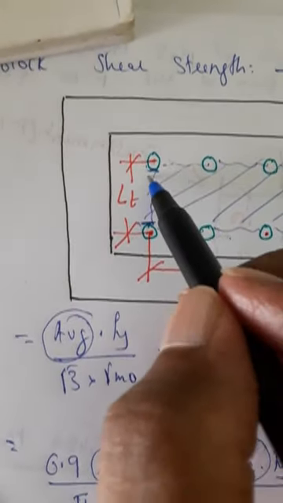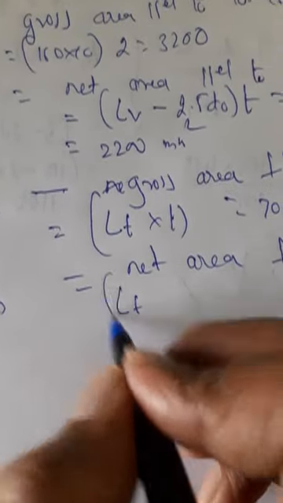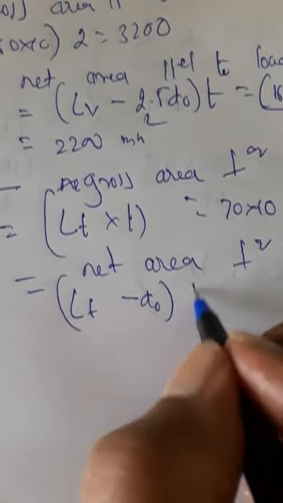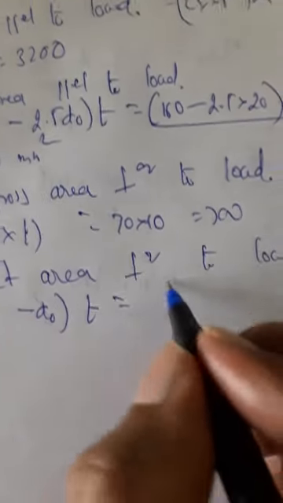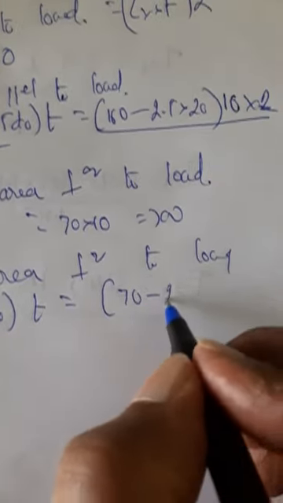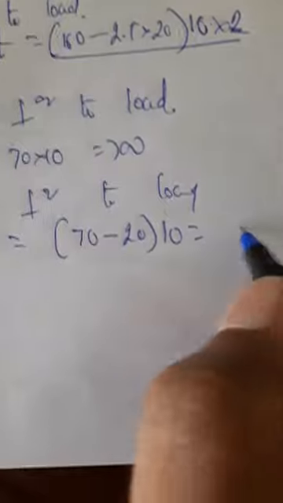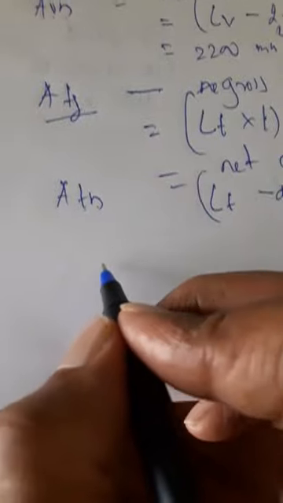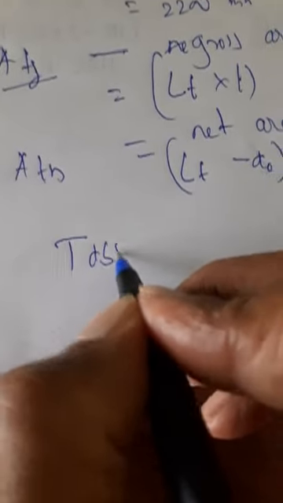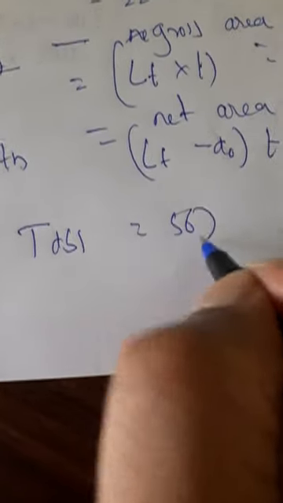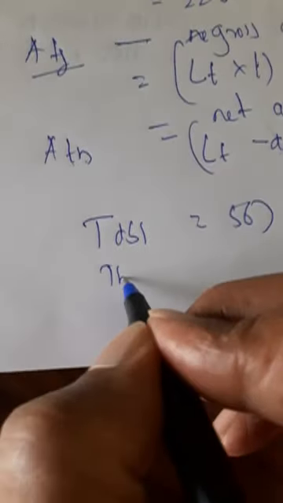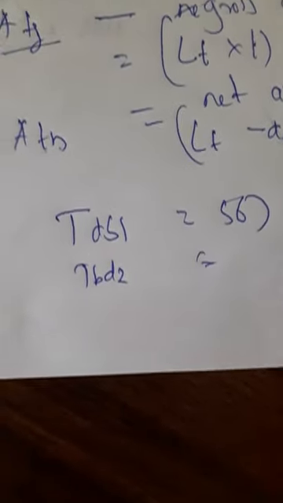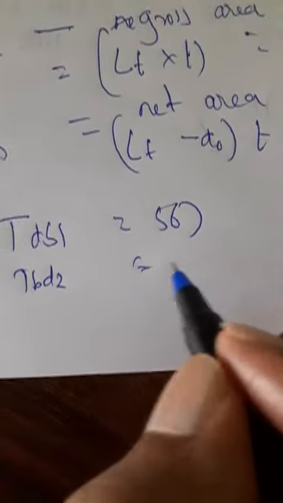So that is given by LT minus D naught into T. So LT is 70, D naught is 20, T is 10. I have the value 500 mm square. So substitute all the values. I have the value TDB1 as 567, TDB2 as 534.